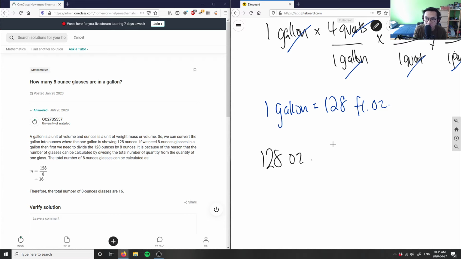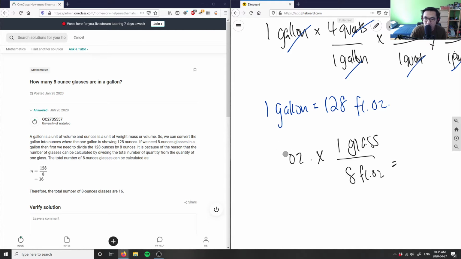And what I'm going to do is multiply that by, in 1 glass here, there are 8 fluid ounces, right? It's asking us how many of these glasses are in a gallon. And again, one glass has 8 fluid ounces. So I have 128 times 1 over 8, or I can say 128 divided by 8 here.